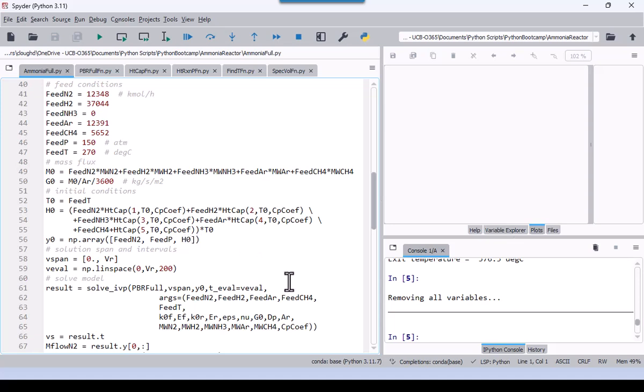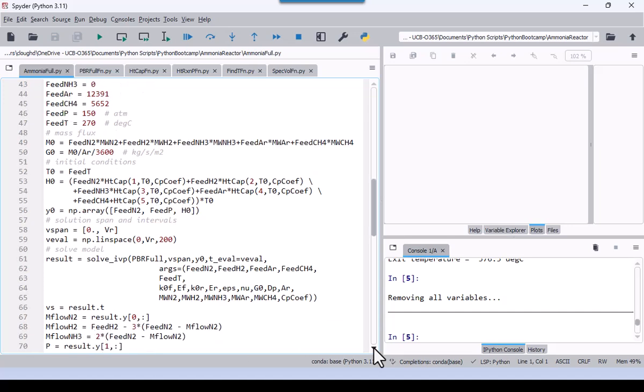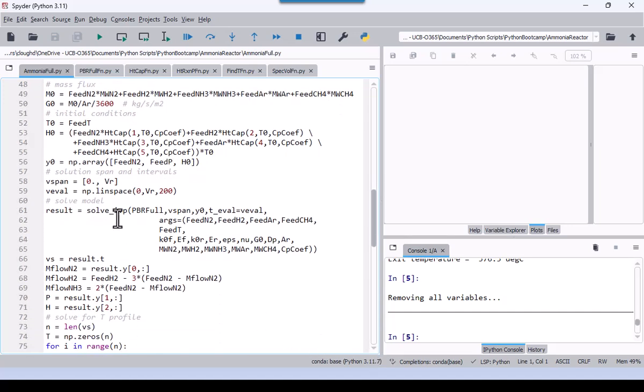And then we come through and do the same that we did before with establishing these V-span and V-eval. And then we call solve IVP again, but here we have a little different array of arguments that need to be passed through.